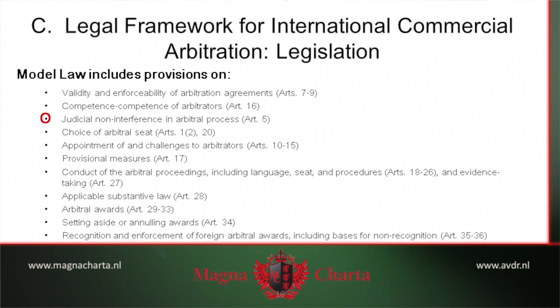The model law in Article 5 also contains a principle of judicial non-interference in the arbitral proceedings, a principle that it's for the arbitrators to conduct the arbitral process, not for judges to intervene.